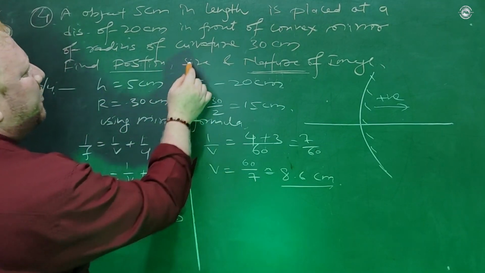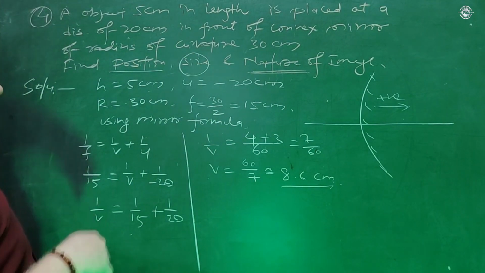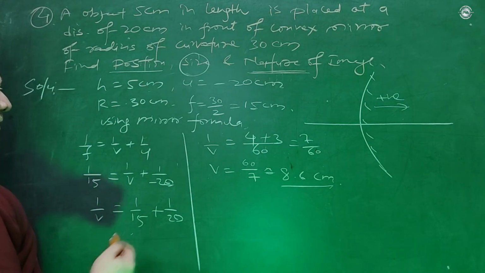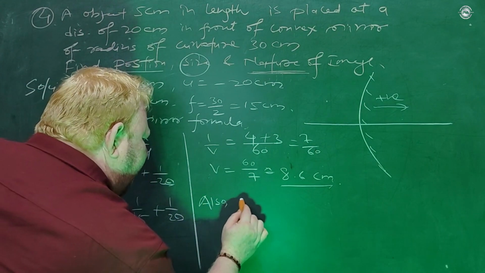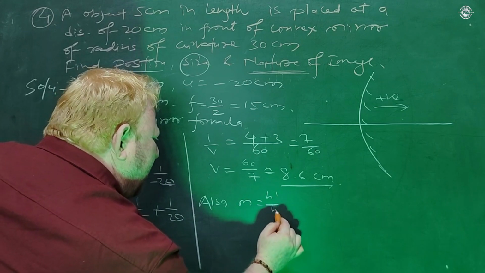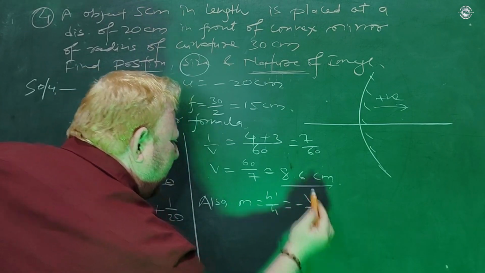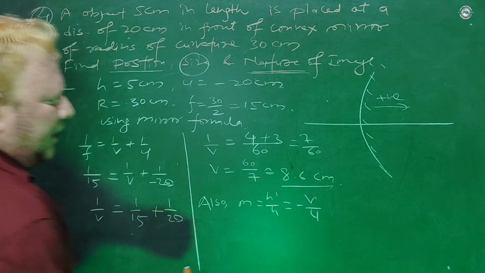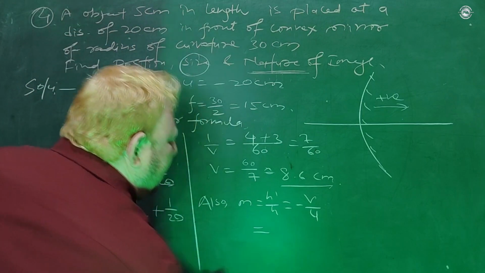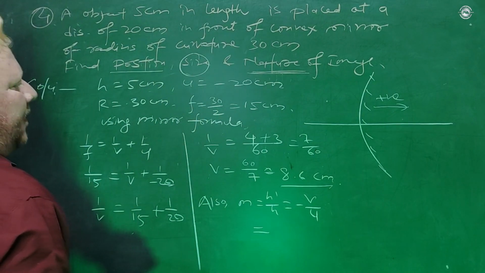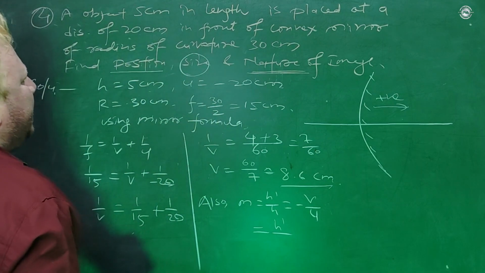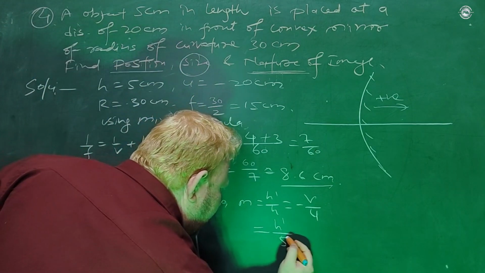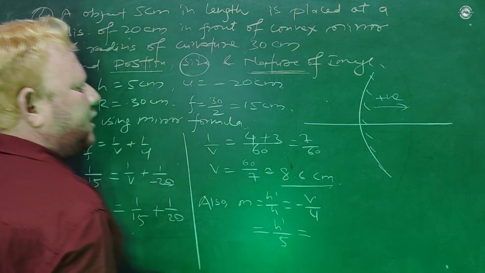Now we still need to find out the size. So for that I will take magnification. I will write m is equal to h dash by h is equal to minus v by u. Here h dash means image height, to be determined. h is 5 centimeter, equal to minus v by u.